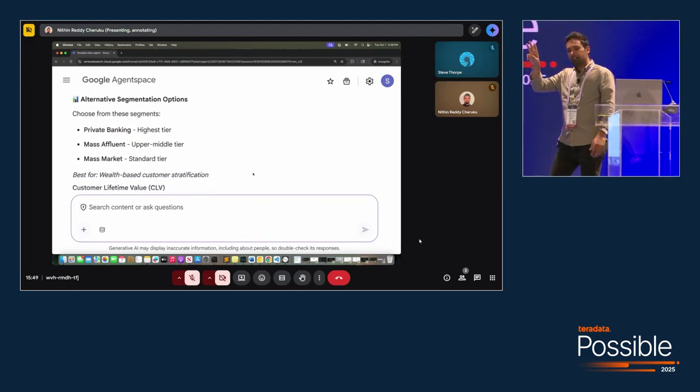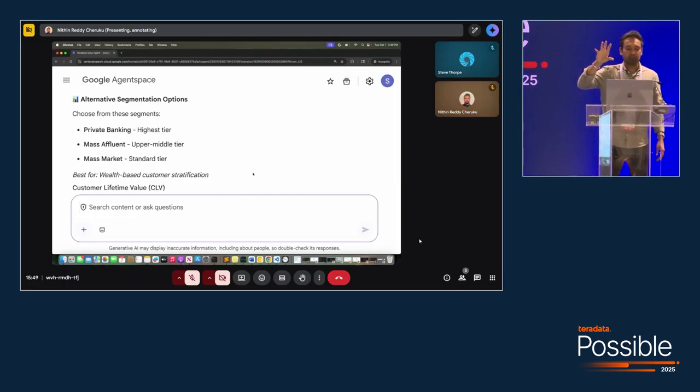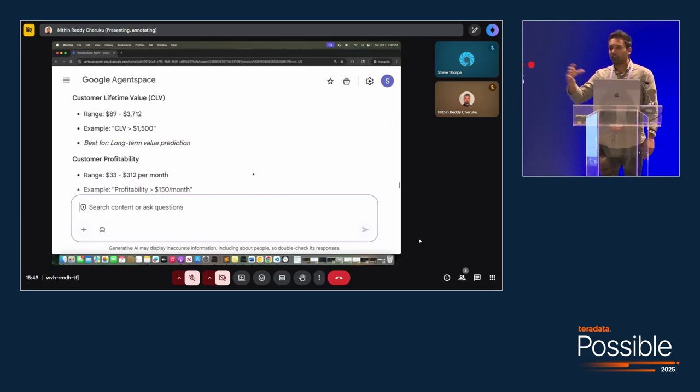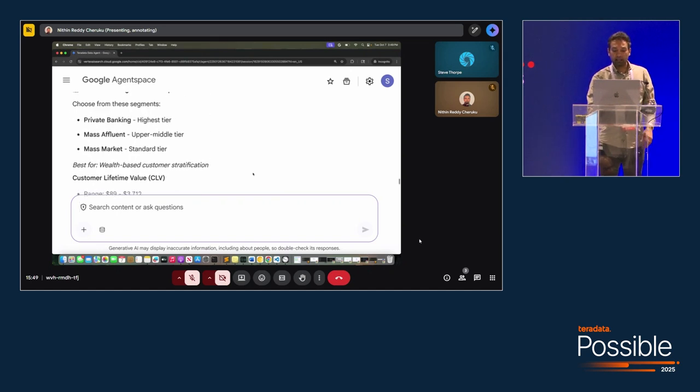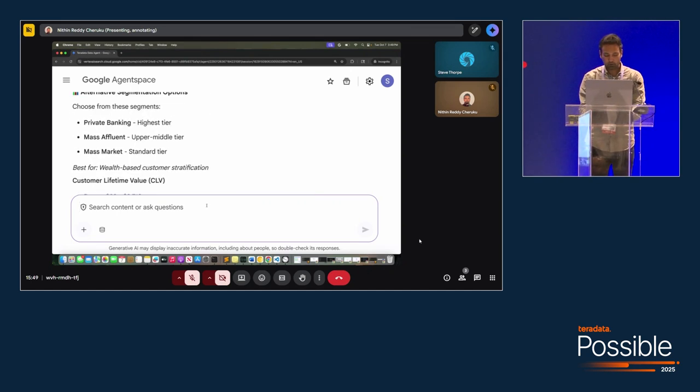So it also gave me certain recommendations. It looked at the whole data set and said there are 3 segments within the high value: private banking, mass affluent, and mass market. And you can also find by customer lifetime value and so on and so forth, right? I'm going to go with the highest tier value customers, so let's go with private banking and mass affluent, right?